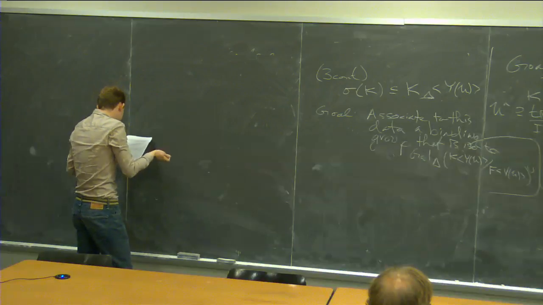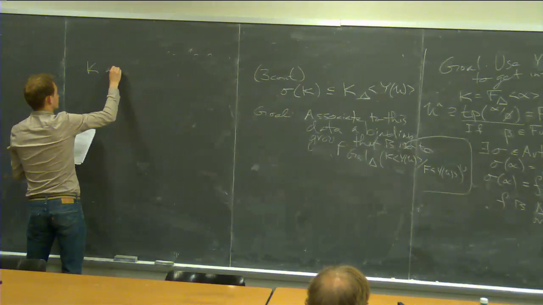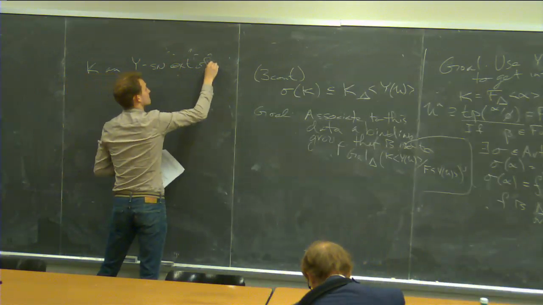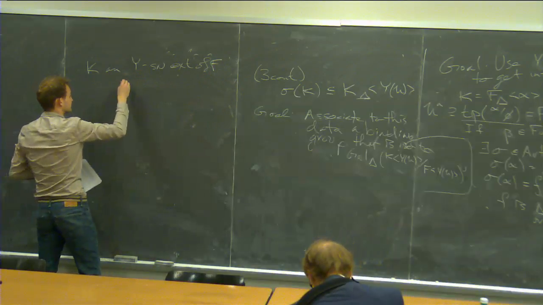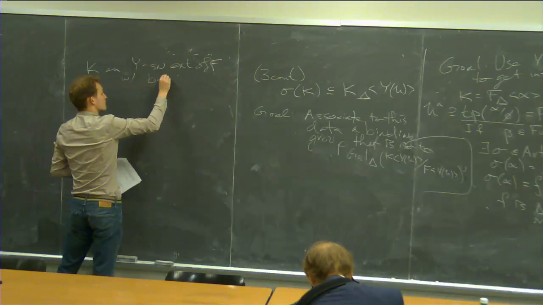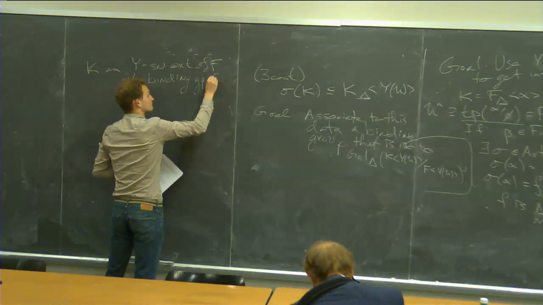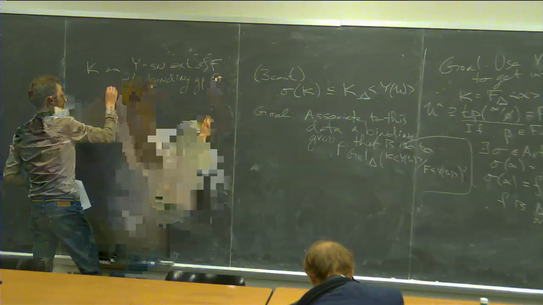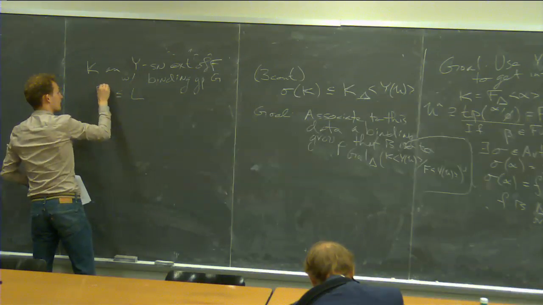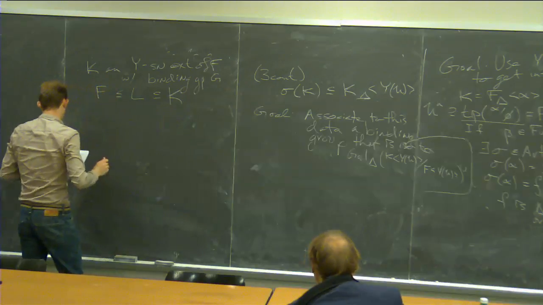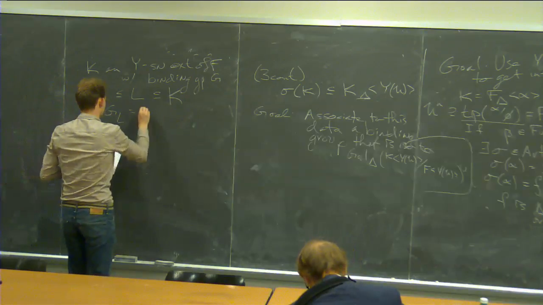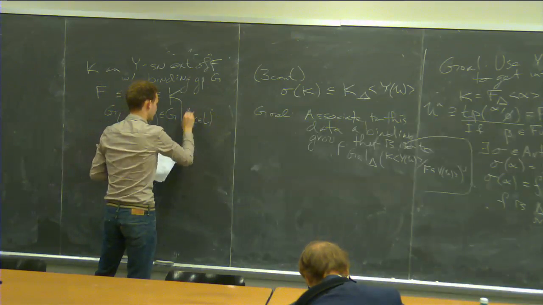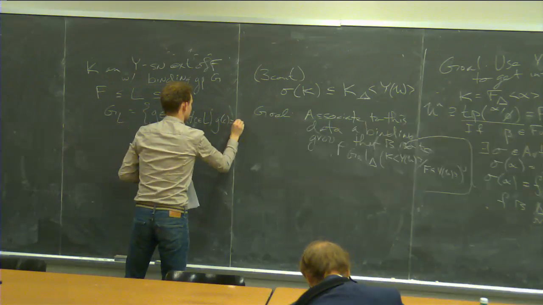Namely, if you have K and F strongly normal, with binding group G, and for L an intermediate differential field between K and F, we set G sub L to be the set of g in G such that for all elements c of L, g of c equals c.